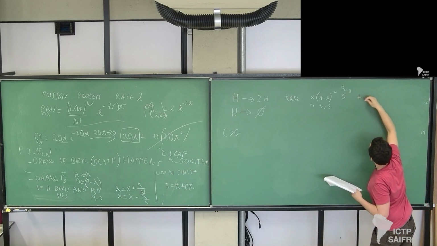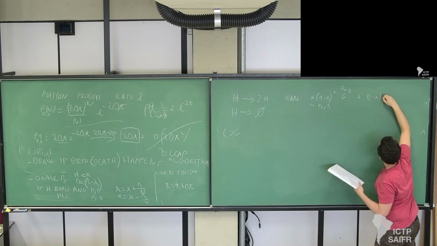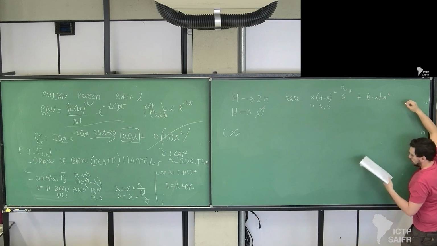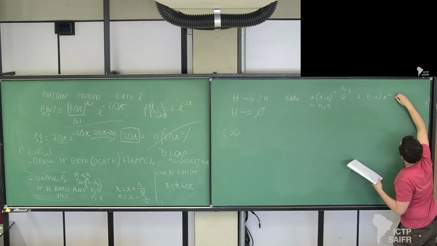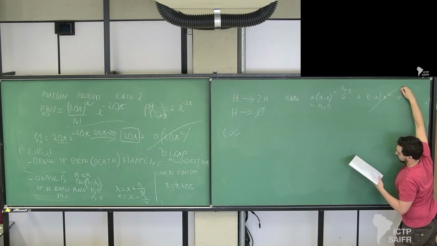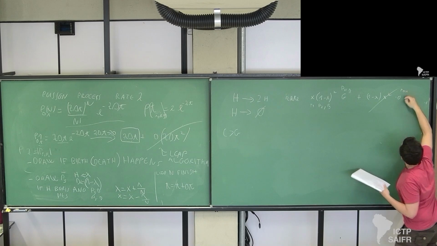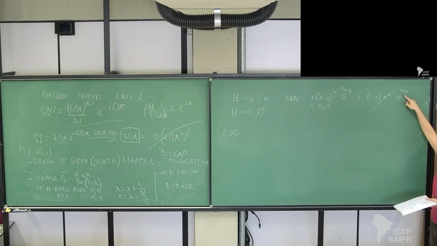Plus (1 minus x) times x squared times 0, because this is the payoff that goes to a dove if you draw a hawk.